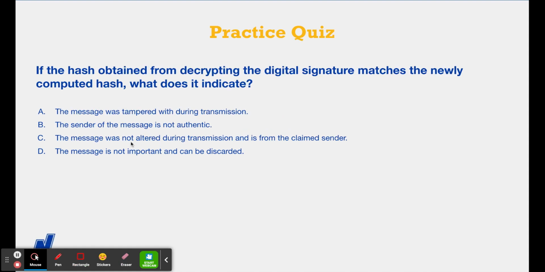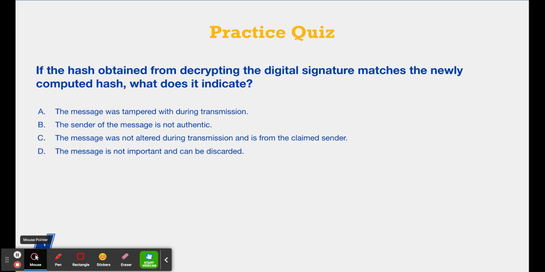Okay, so if a hash obtained from decrypting the digital signature matches the newly computed hash, what does it indicate? Take a moment and think about it. The correct answer is C. The message was not altered during transmission and is from the claimed sender.